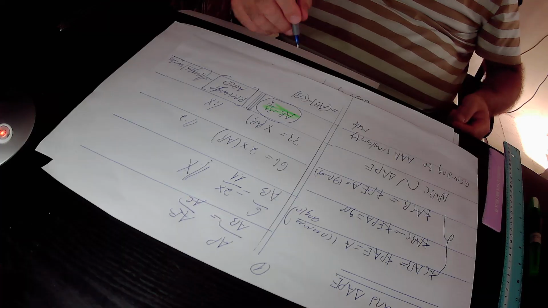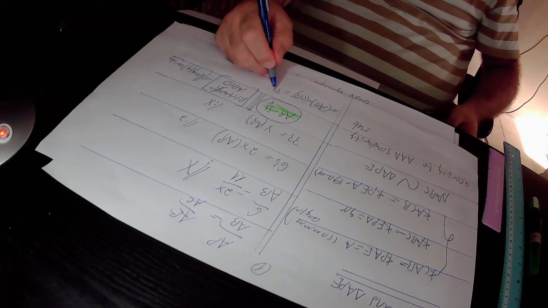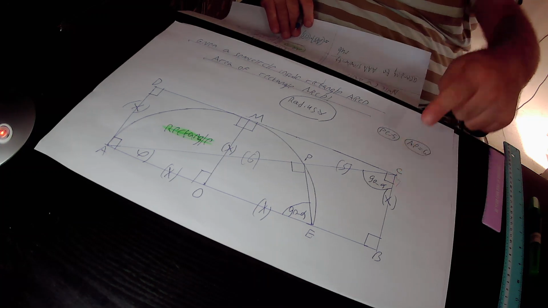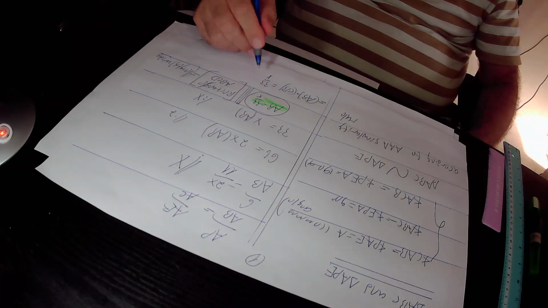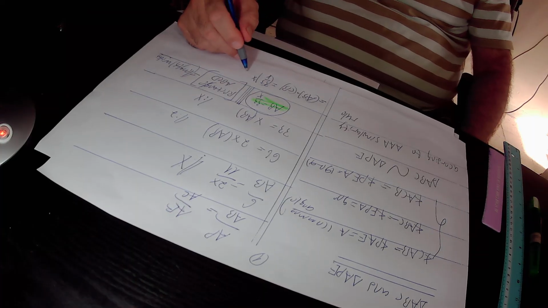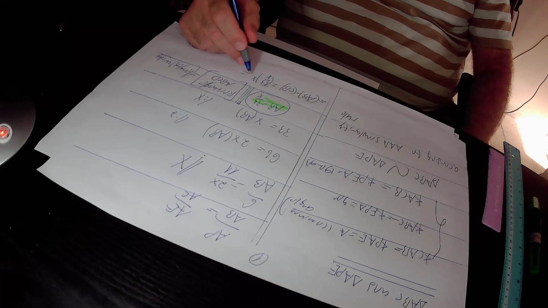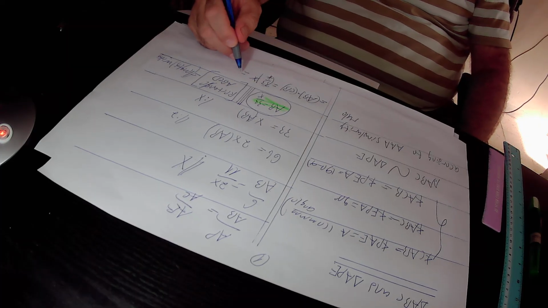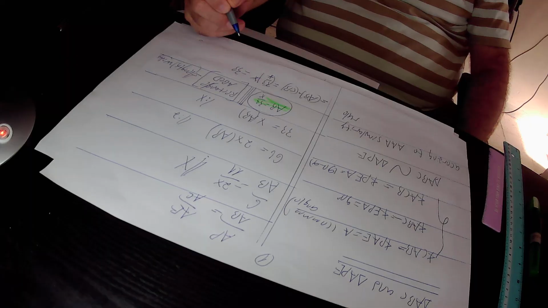AB is 33 over X, times CB. CB is X. So we found that the area of the rectangle ABCD equals 33 over X times X. You have X in the numerator and X in the denominator, so X will get cancelled and we are left only with 33.